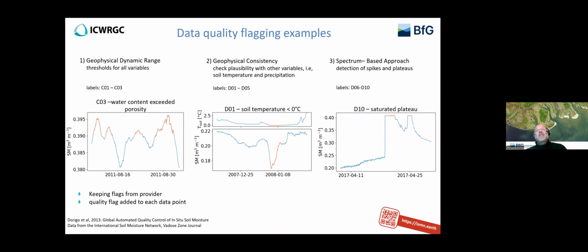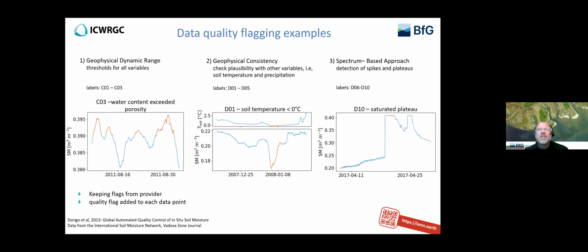So what are these 3 different categories? One example for the geophysical dynamic range is that we have thresholds for all the variables. For example, we are flagging the data if the water content exceeds the porosity of the soil.